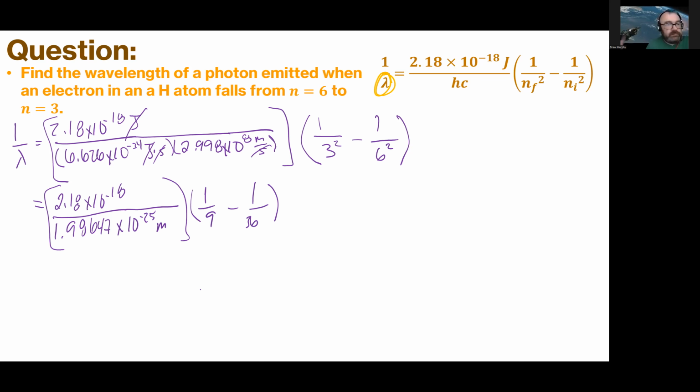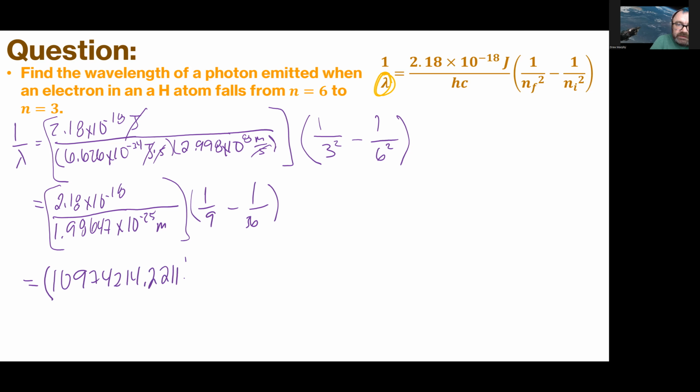Now we can do 2.18 times 10 to the negative 18 divided by that number we have there, which is 10974214.2211.